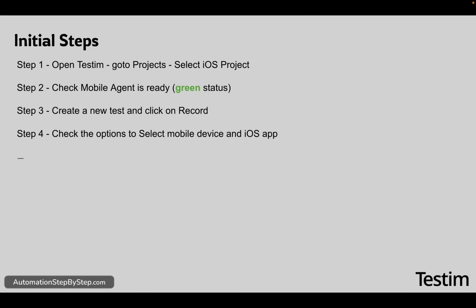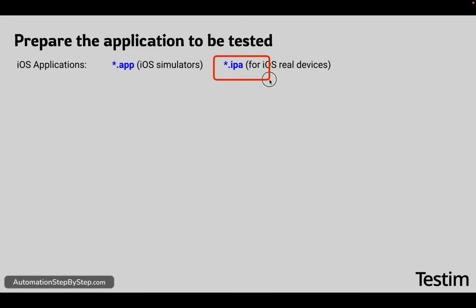Before we continue with recording and running the test, we have to first prepare the application to be tested. Now when we are doing iOS testing, we have to use the application file, which should be in .app format or .ipa format. If we are using iOS real devices, we have to use the .ipa files, and for iOS simulators we have to use the .app files.